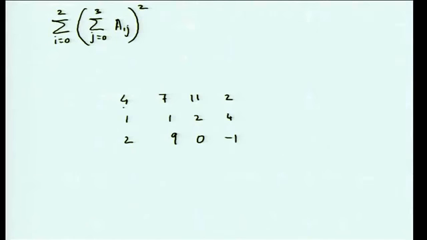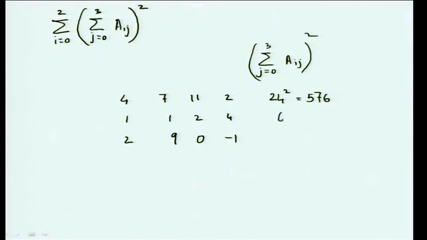First, we sum the numbers in each row, j going from 0 to 3 of aij, and then square it. If you sum all this, you see 24 squared, which is 576, and similarly this is 8 squared, which is 64, and this is 10 squared, which is 100.